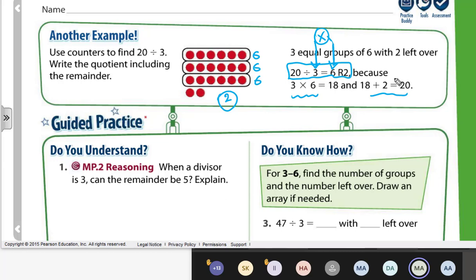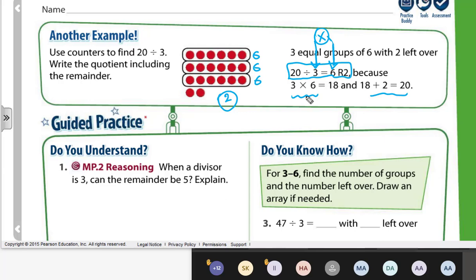Now, what is the remainder, teacher? Left over means that we did not distribute them. We did not divide them. How many did we not divide? We only divided 18.